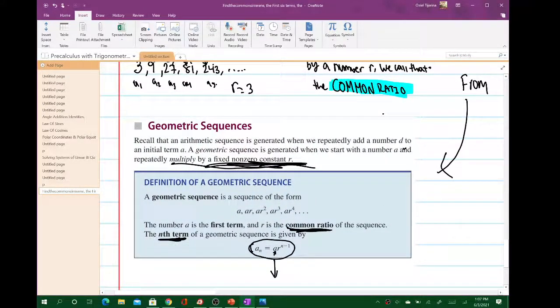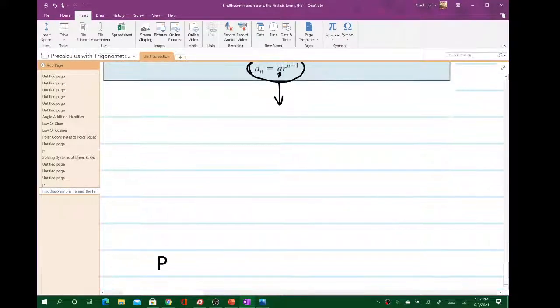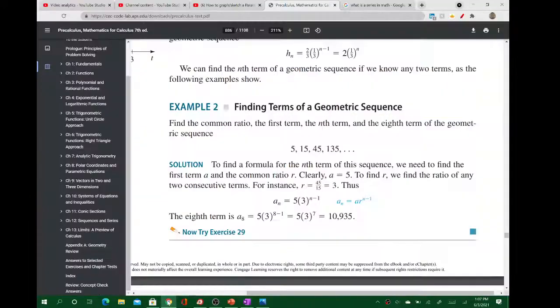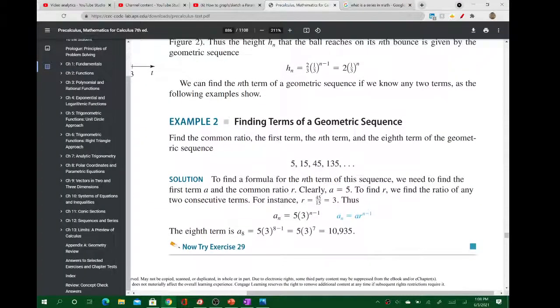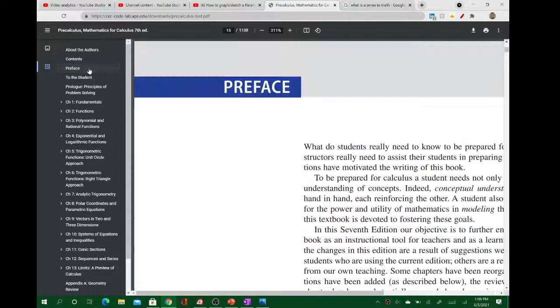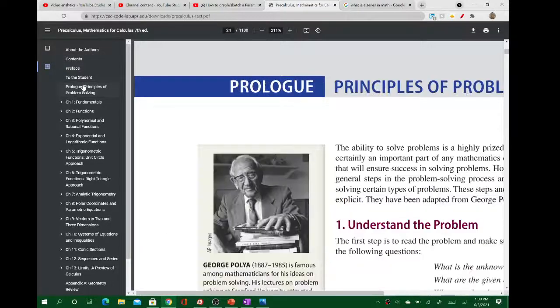Okay. Now, this is the definition of a geometric sequence. This is from the textbook. It is called Precalculus Mathematics, from Stewart.